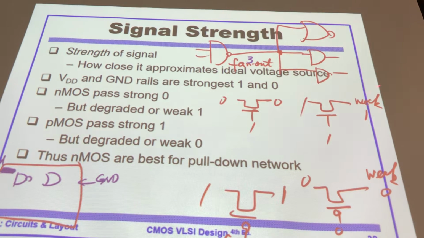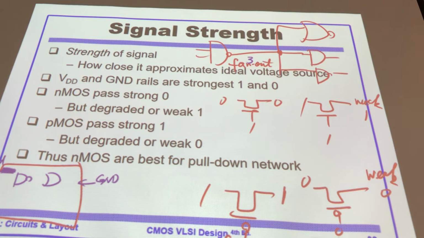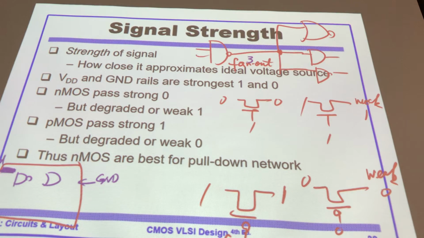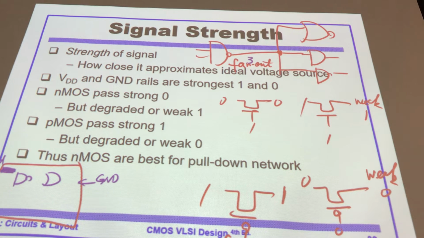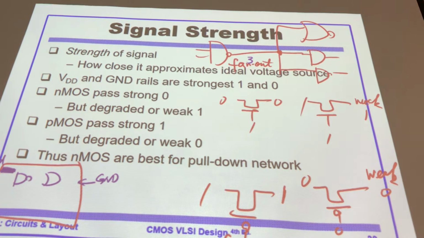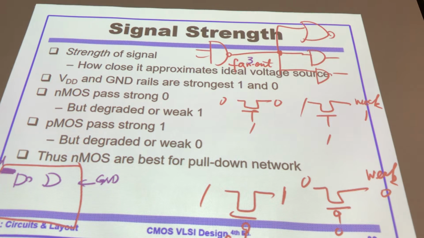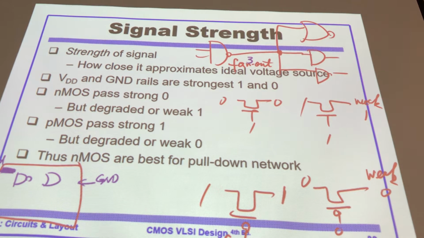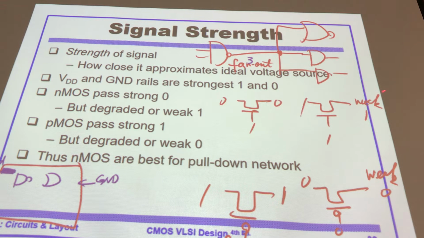You're getting weak 1. What do I mean by weak 1? If supply is 2 volt, you're going to get not 2 volt, maybe 1.8, 1.7, something like that, which means that it's a weak signal. Well, although it's a weak signal, we can still recognize it's a 1, but you are not going to be able to connect too many fan out.